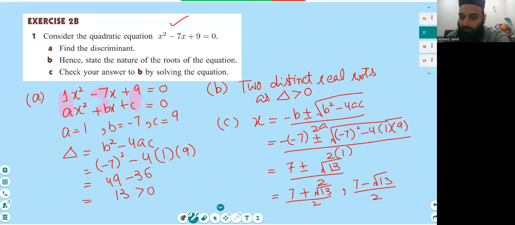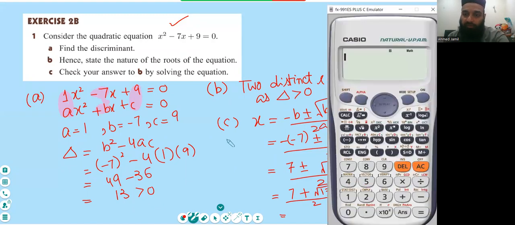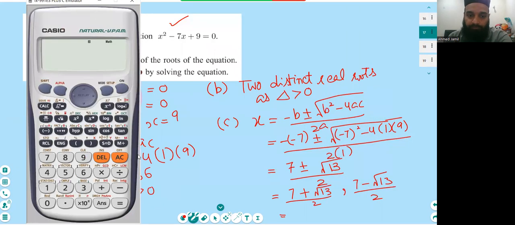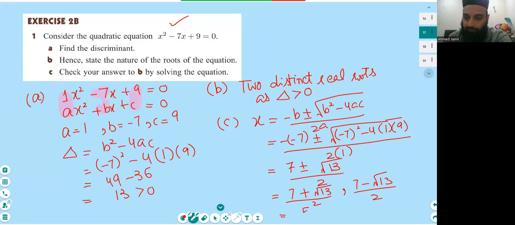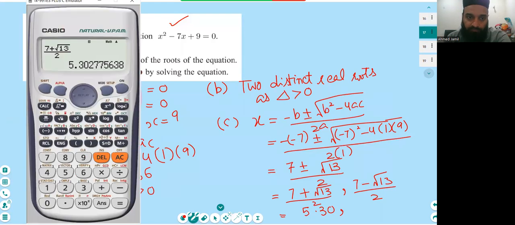So this will give us two different answers, obviously. I'm using my calculator to simplify this. The first one is 7 plus square root 13 divided by 2, so the first answer is 5.30, obviously a real number.